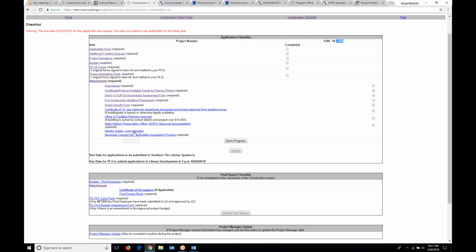Vendor quotes, cost estimates. Here you really only have to upload the bids that are used in your budget narrative and your budget description.